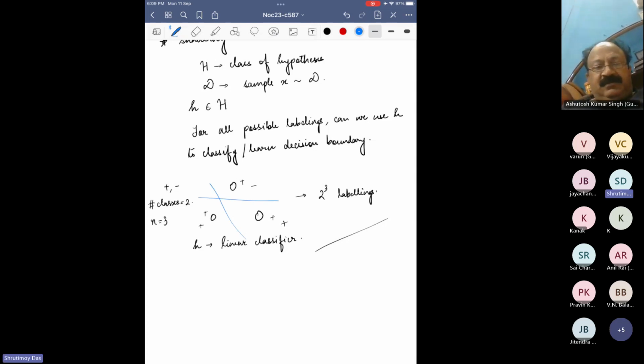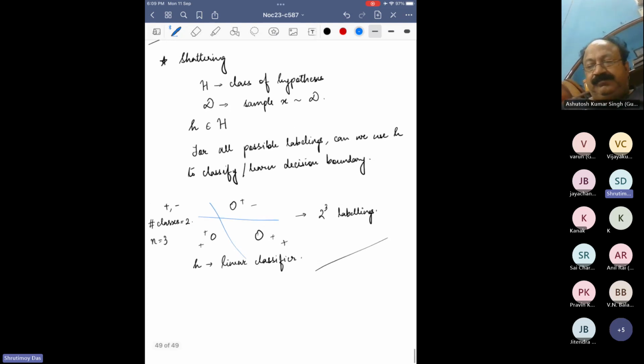So out of all possible subsets of this X, if there is at least one such subset for which, if we take all the labelings, H can correctly classify all the possible labelings of this subset, then we say that H shatters this subset.